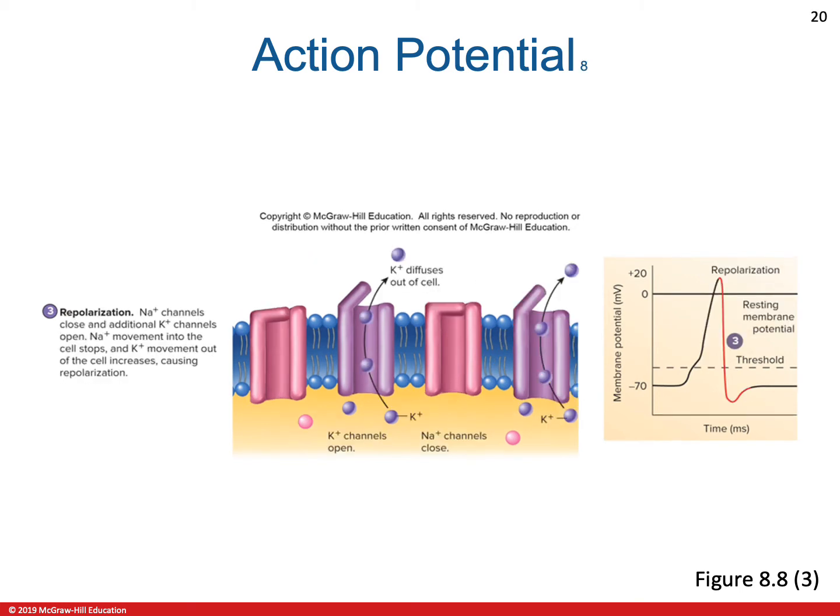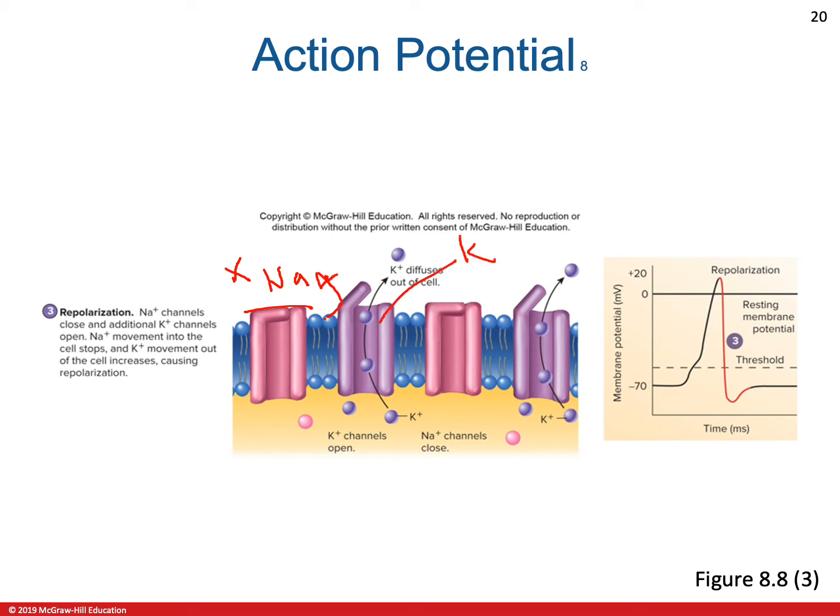Okay, so this is the continuation. You can see that now the graphic is pointing to the repolarization state. When the peak of depolarization is reached, the sodium gated channel will close. Sodium cannot get in, so no more sodium. At the same time, your potassium gated channel opens and potassium goes out of the cell.